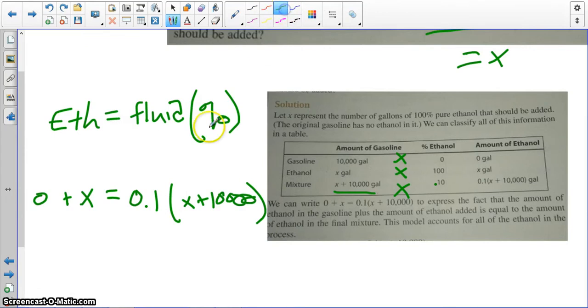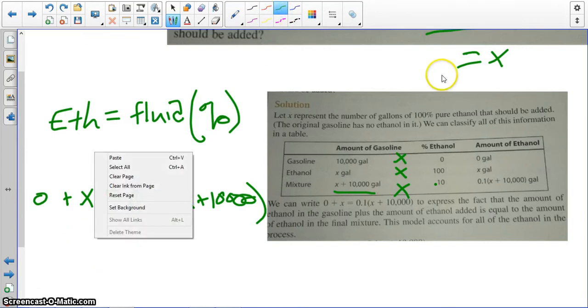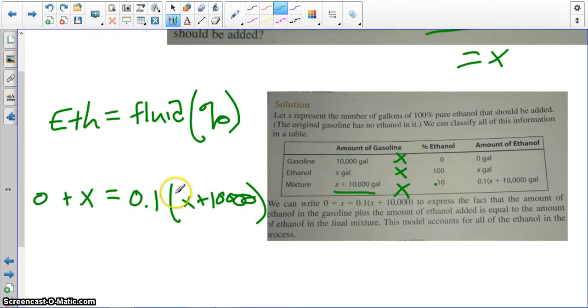I'm in a good mood. x equals 0.1x plus, well, 10% of 10,000 is actually 1,000. I can't force you to not use a calculator because you can do this at home, but you can solve that for x. It's actually kind of similar to one of the quiz questions, maybe a little harder. Try to finish this off, and I may very well check this as the do now in tomorrow's class.